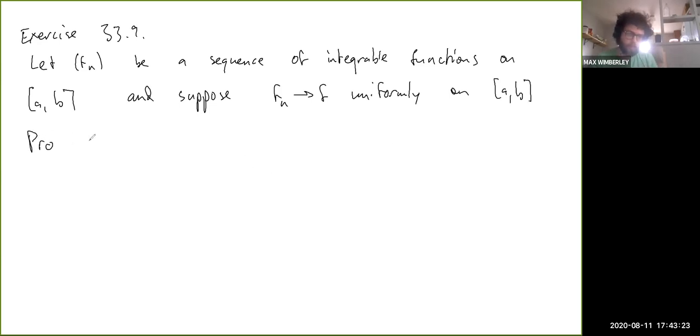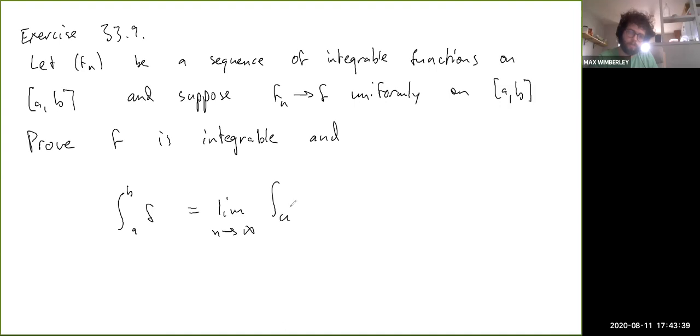Prove F is integrable and the integral from a to b of F equals the limit as n goes to infinity of the integral from a to b of Fn.